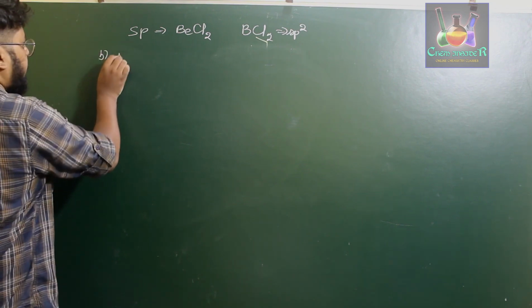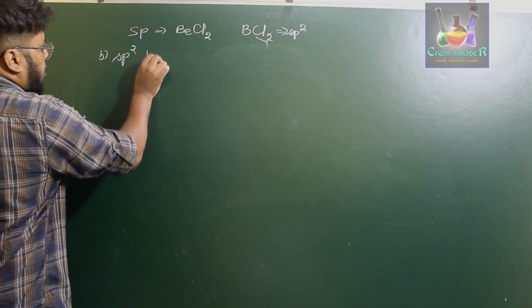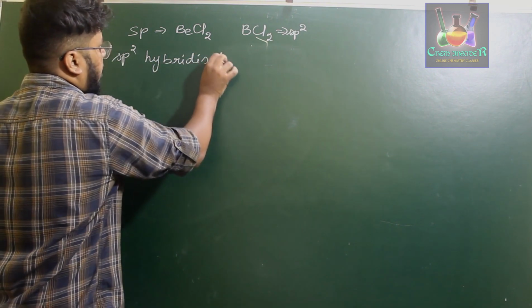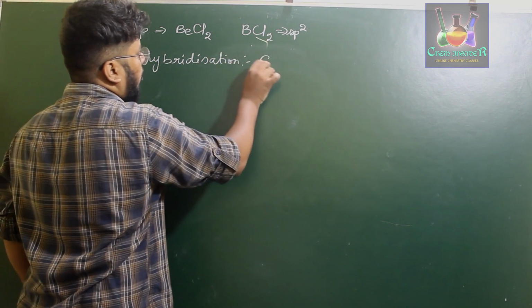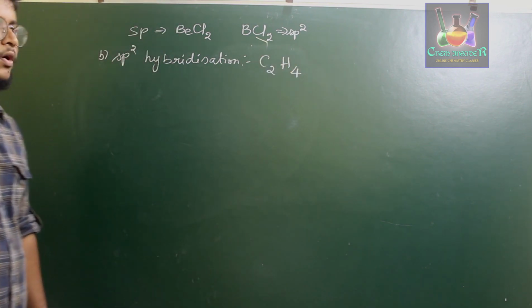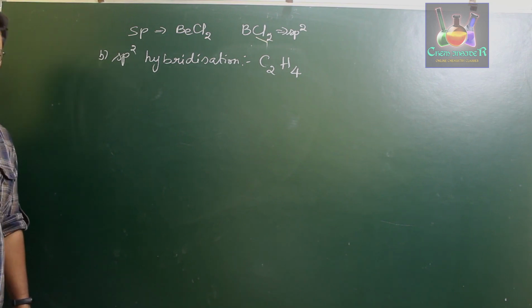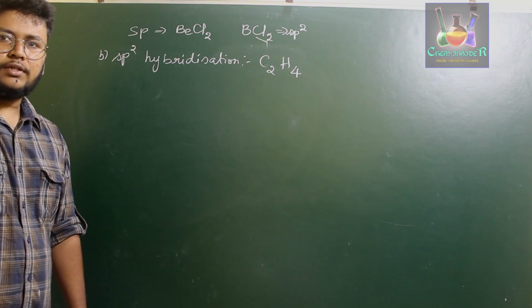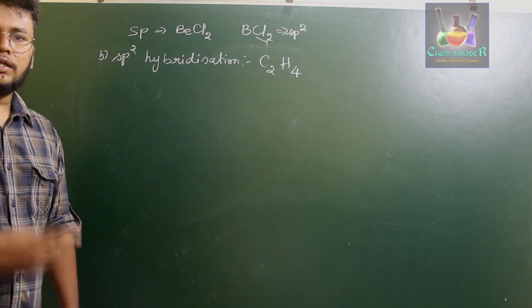For the example of sp2 hybridization of carbon, we can take the example of an alkene, that is a molecule of C2H4. Okay, in the C2H4 molecule, each carbon is attached with 2 hydrogens and 1 carbon of the other CH2.